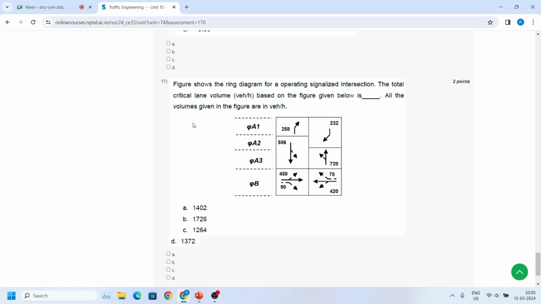It's 250 plus 556. Let me calculate and confirm. Yeah, so I think you're correct. That would be the right answer to this.